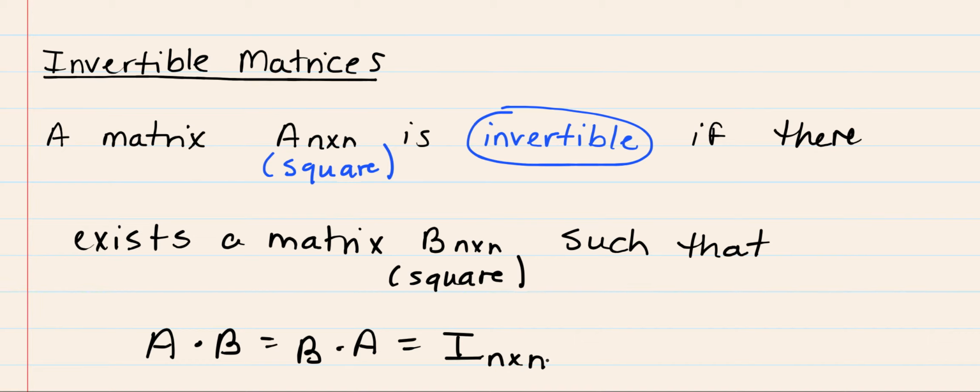Okay? So it's sort of like what you think about when you think about an inverse of a number. So like 3 times 1/3 is equal to 1. This is like a 1 by 1 matrix. This is a 1 by 1 matrix, and they give us the 1 by 1 identity matrix. That's kind of like what we're thinking about when it comes to just a regular square matrix.